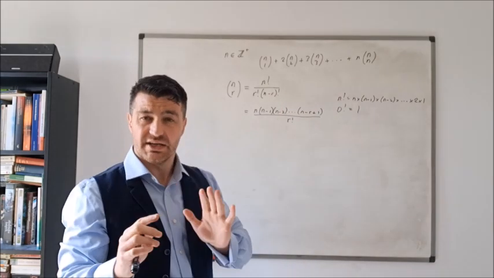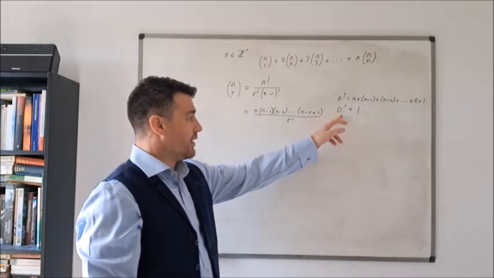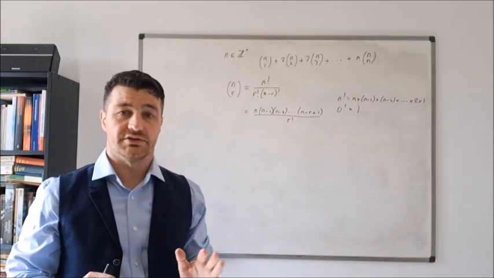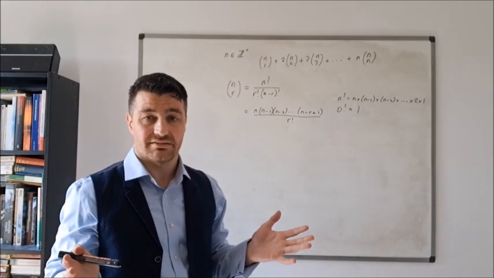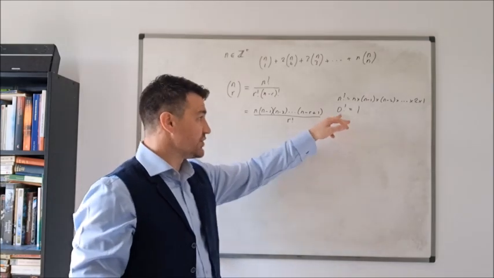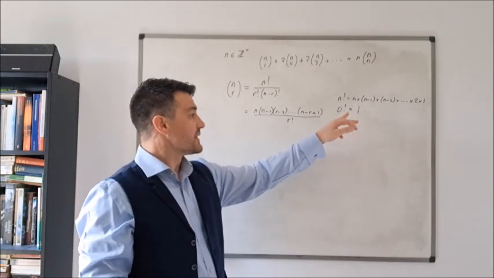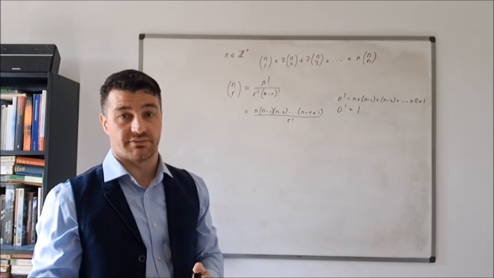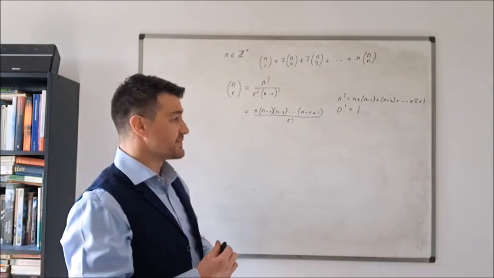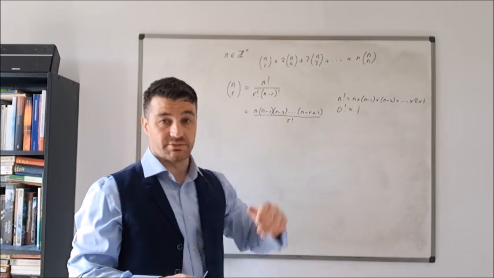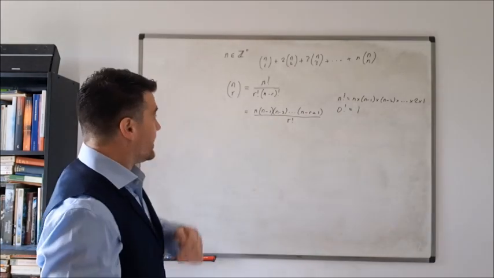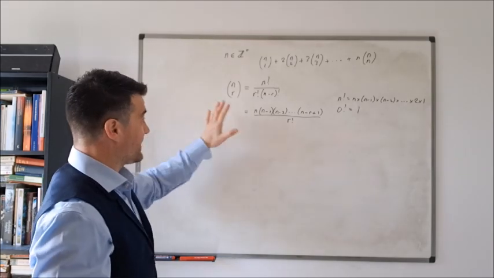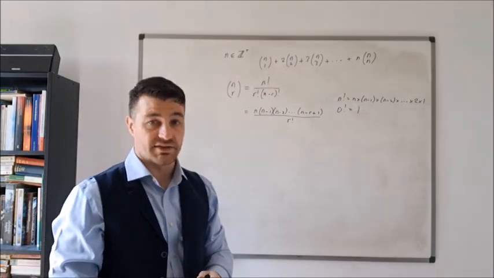I mentioned in a previous video that we could theoretically choose 0 factorial to be anything, but we understand this symbol to mean 1, just because it's convenient for us as mathematicians to set it equal to that. Okay. Right, so once we understand what this means, then we're able to maybe start attacking this problem.